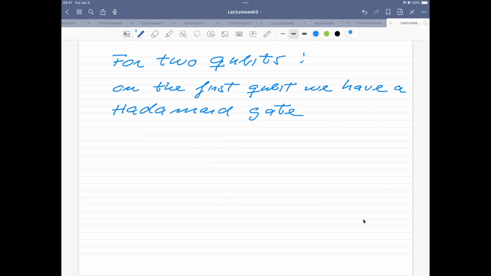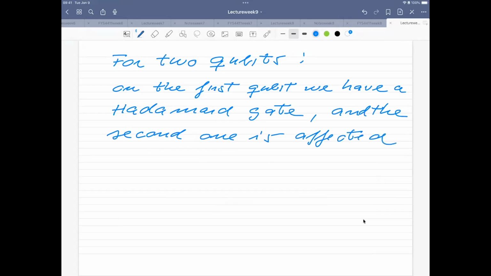So this is exactly the same as we had for the 1-qubit case. And the second qubit, the second one, is affected by a rotation gate. We are coming back next week to how the circuit is going to look. I was hoping to get that today, but I will have to postpone that to next week. The first one has a Hadamard gate, and the second one is affected by a rotation gate.